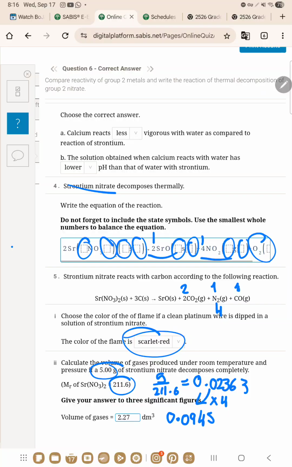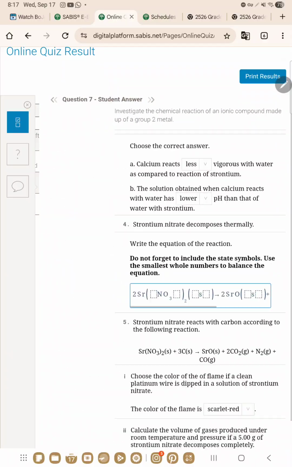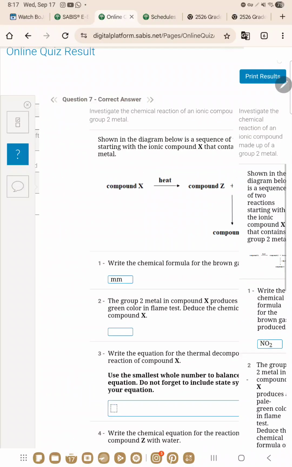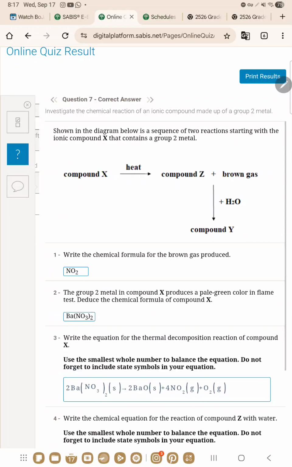Now that we have this number, which is how many moles you have, you multiply it by RTP, which is 24, and you get 2.27. And that is it for this question. Moving on to our last 2 questions. They're the same concept, the exact same concept.